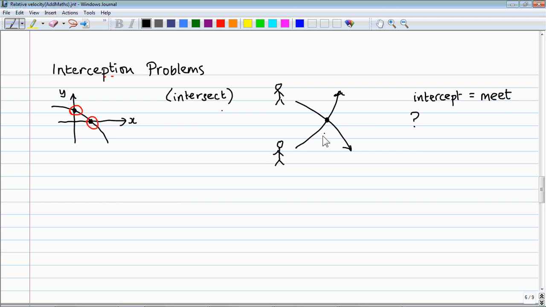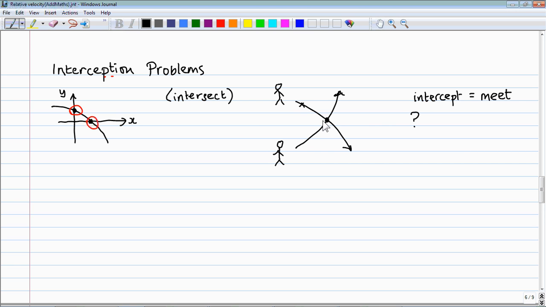I hope it's obvious, but I hope you can see that we won't always intercept or meet just because our paths cross. Because, for example, this person may walk very quickly and get here in 1 minute, whereas this person may be walking very slowly and maybe after 1 minute they're only here.